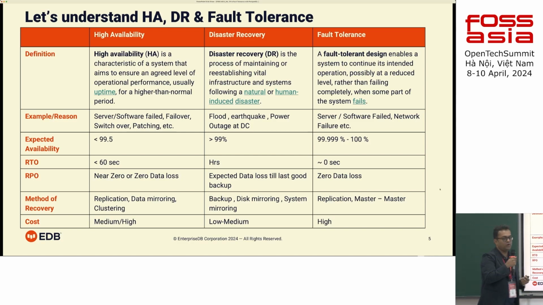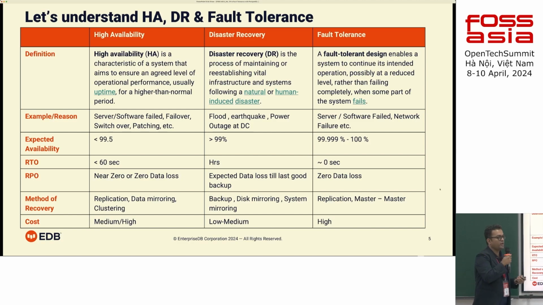And then you expect a 99.5 system, with RTO and RPO. I'm going to talk about RTO and RPO. Maybe you expect some kind of failover within the RTO. You expect zero, or near zero, data loss. And the moment you talk about disaster recovery, you talk about cross region, not a single region or cross data center.